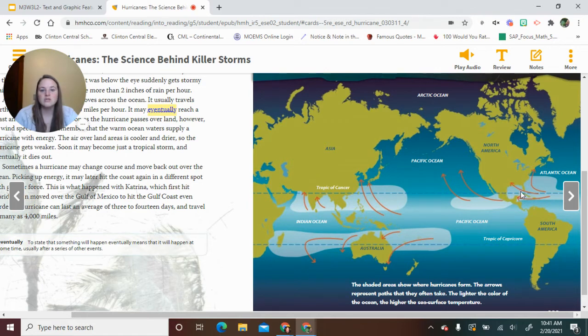Florida is really close to the tropics. So these are all warm kind of tropical places that we think of that are close to the equator. So this is where the warmest oceans are. And what did we learn yesterday about what hurricanes need in order to grow? Warm ocean water.